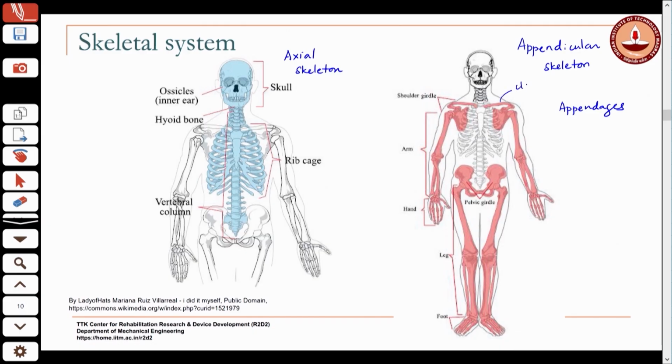So, you have the clavicle and the scapula, which form the shoulder, also known as the pectoral girdle or shoulder girdle. And then of course, you have the arm and the hand, and then in the lower part of the body, the pelvic girdle is a set of bones that attach the legs to the axial skeleton. So, you have the pelvic girdle and then the legs and the feet. Okay.